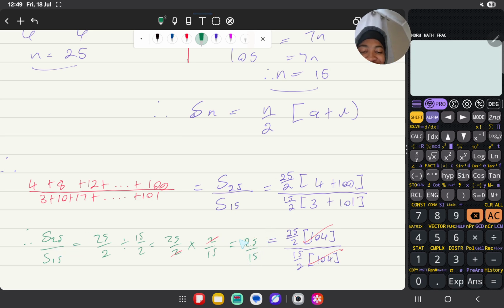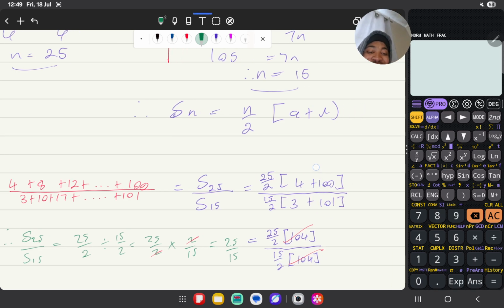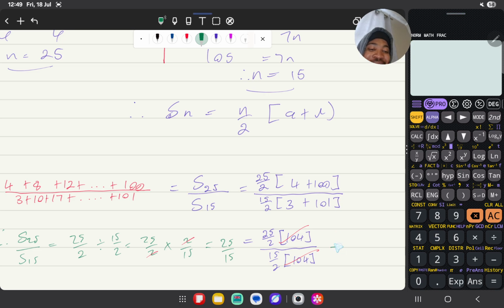Look at how it aligns. I was not aware that was going to happen. You divide by 5 and you have 5 over 3, which is 1.66666666667. Yeah, I'm that good, bro.